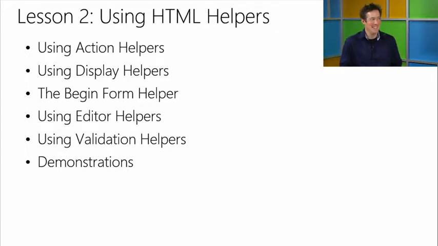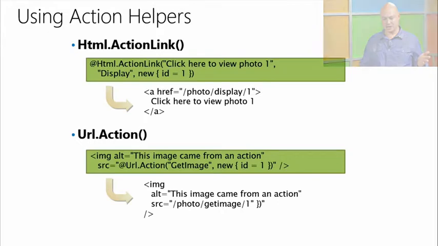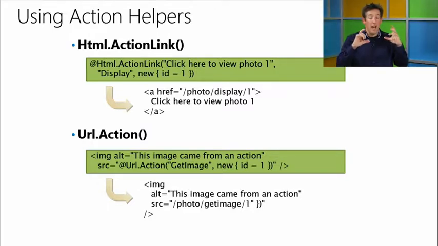Right. Okay, so there are a lot of them in here, and we'll just kind of go through. Do you want to take a few of these? Sure. So first of all, you'll notice that we've got our Html.ActionLink and our Url.Action. So the Html.ActionLink is going to generate, just like it shows right there, the full anchor tag to take you to another page.